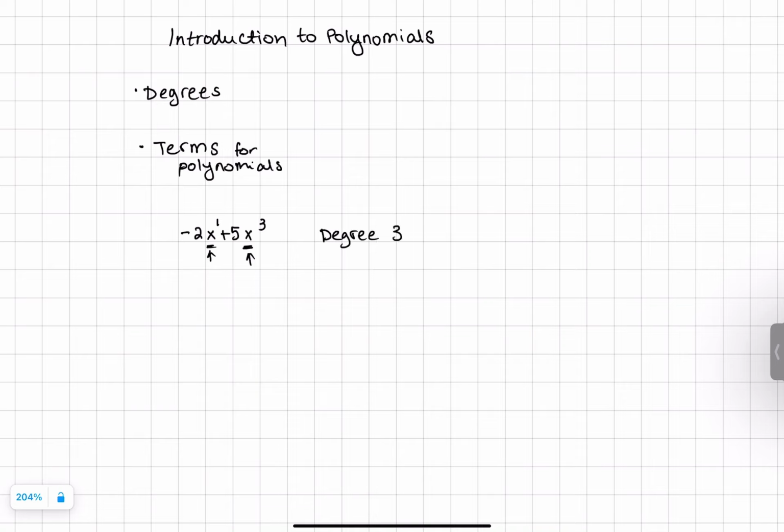And then the term is basically the number of groups you have. So you have an addition sign right over here. When we look at it, we see one side here and one side here, a negative and a positive.